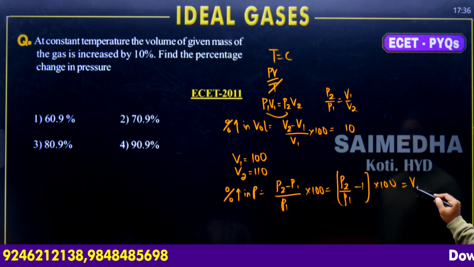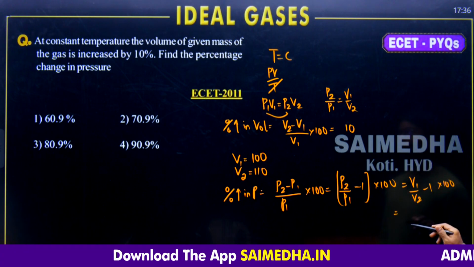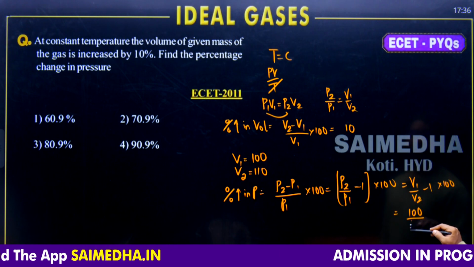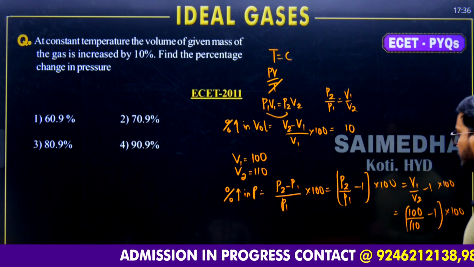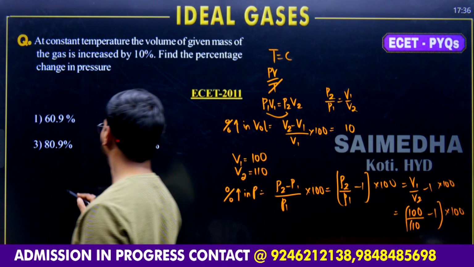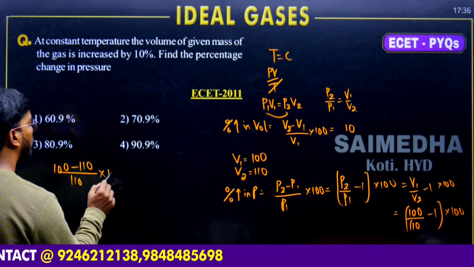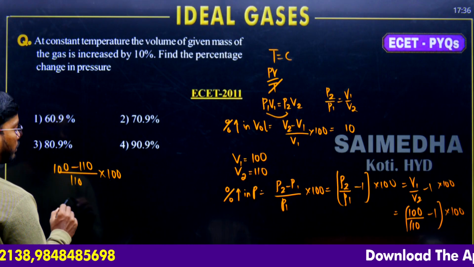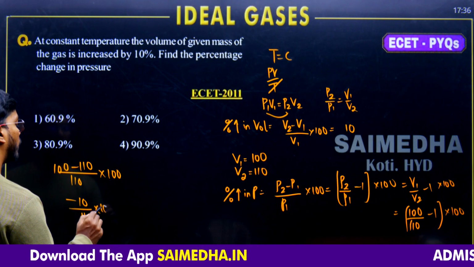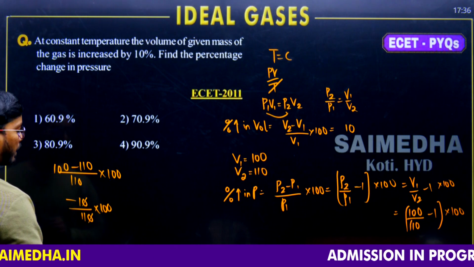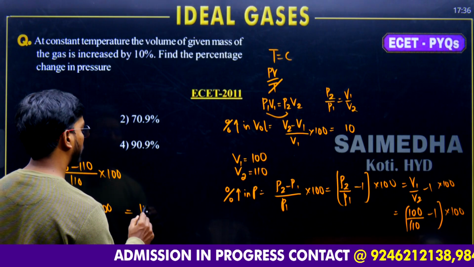So the answer is V1 by V2 minus 1 into 100, where V1 is 100 and V2 is 110. This becomes 100 minus 110 divided by 110 into 100. 100 minus 110 is minus 10. Minus 10 divided by 110 into 100. Zero, zero gets cancelled, 1 divided by 11, that is 100 divided by 11.